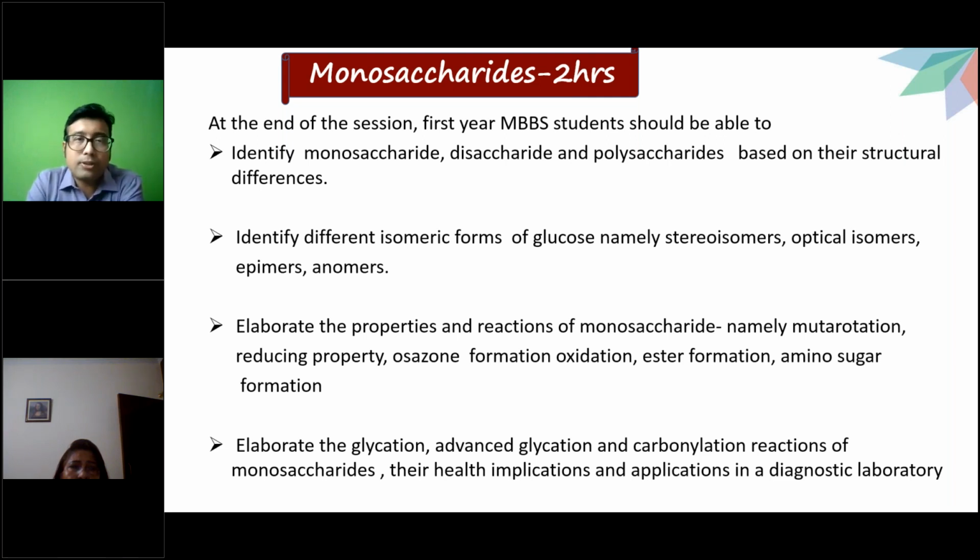The SLOs for this session are: at the end of the session, the first year MBBS students should be able to identify monosaccharide, disaccharide, and polysaccharide based on their structural differences; identify different isomeric forms of glucose, namely stereoisomers, optical isomers, epimers, anomers; elaborate the properties and reactions of monosaccharides, namely mutarotation, reducing property, osazone formation, formation of esters, and amino sugar formation; and elaborate the glycation, advanced glycation, and carbonylation reactions of monosaccharides, their health implications and applications in the diagnostic laboratory.